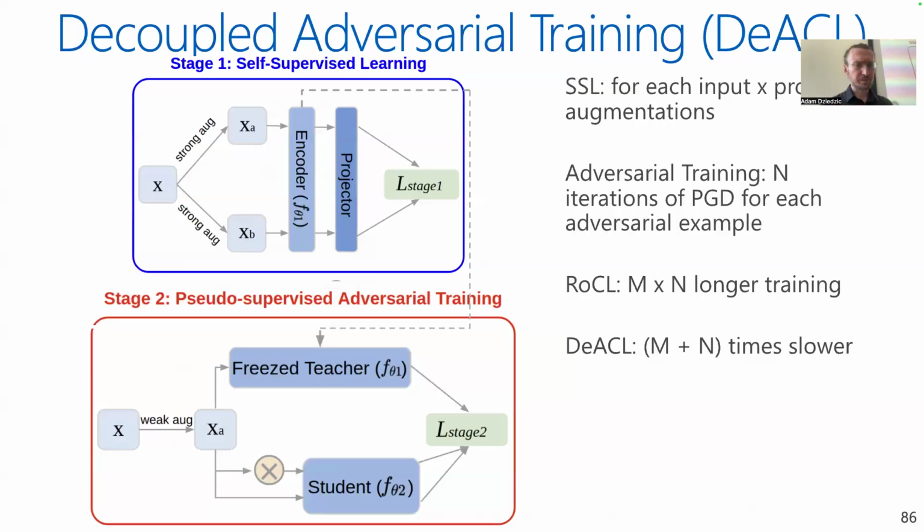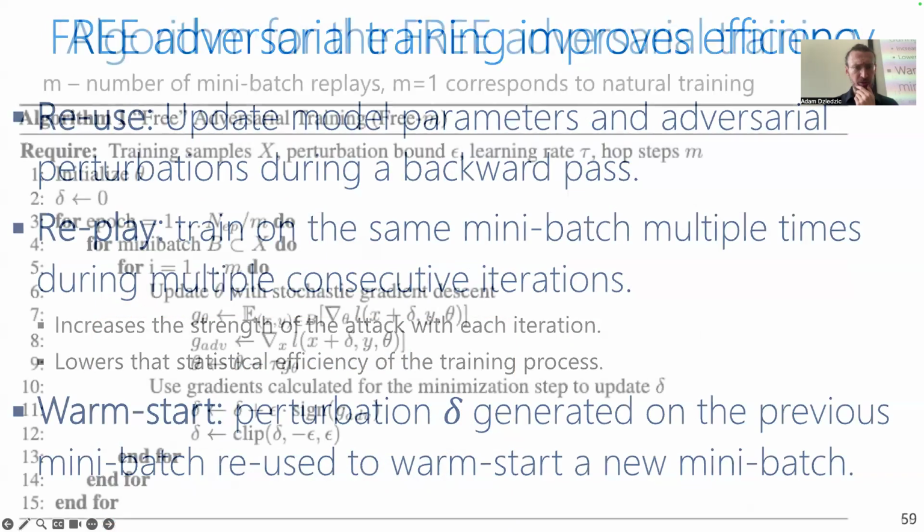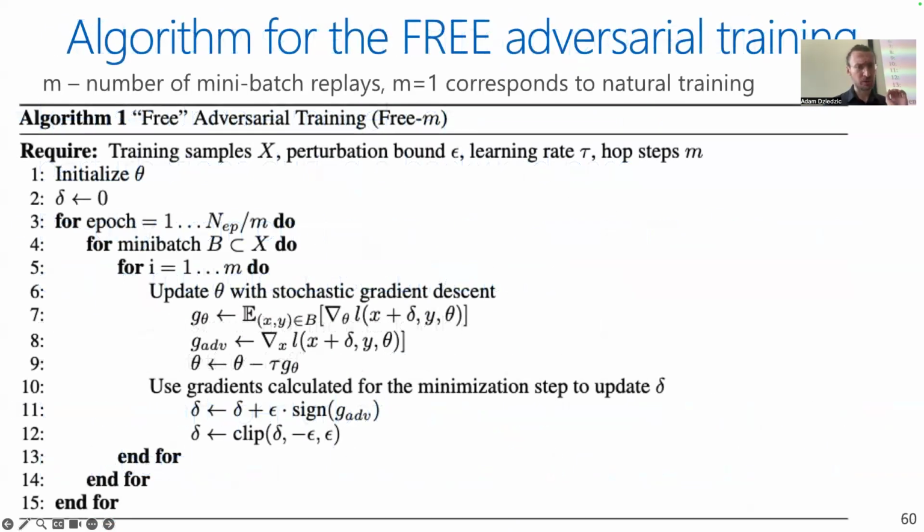Okay, so the question from Osama is regarding free adversarial training. So we can just go to this part of the lecture. This was the description of what's happening, and there's also an algorithm from the paper that shows how we do this free adversarial training.